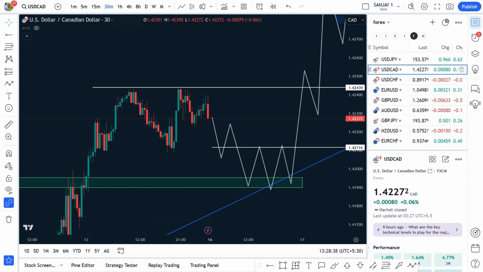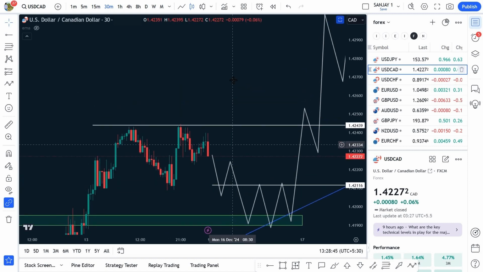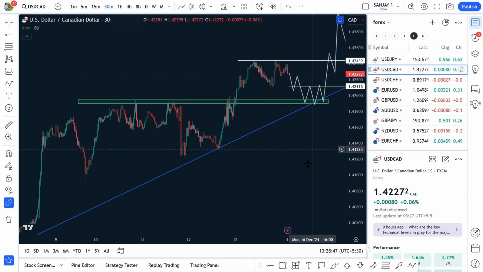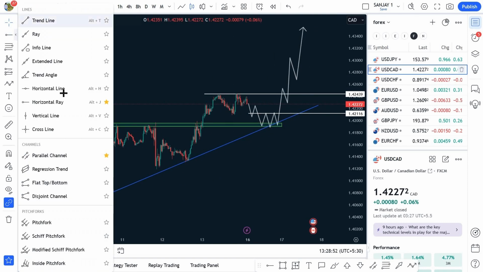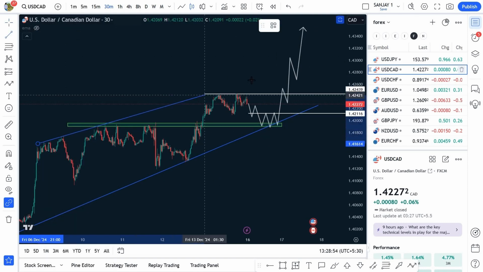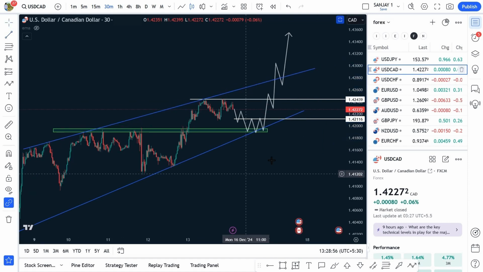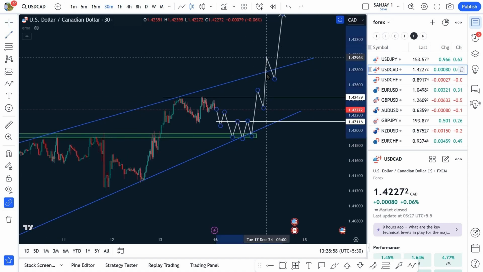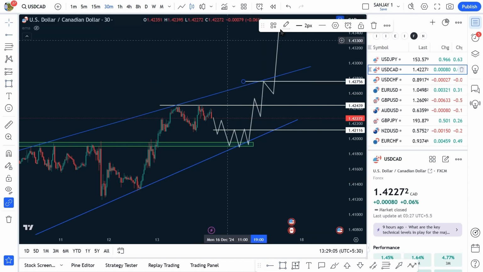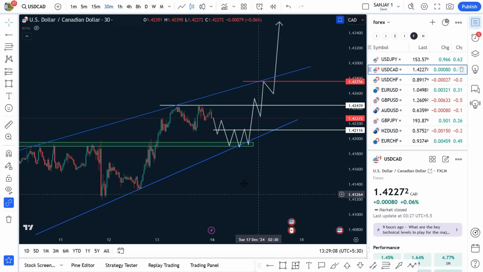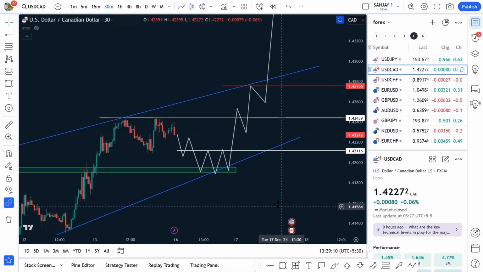Now you have to identify and write down these support and resistance areas. What will be the resistance area? To find out resistance, I will be using a simple channel line by connecting these previous swing highs. So these are my resistance areas. First resistance is this one, marking it with red color so I do not get confused.